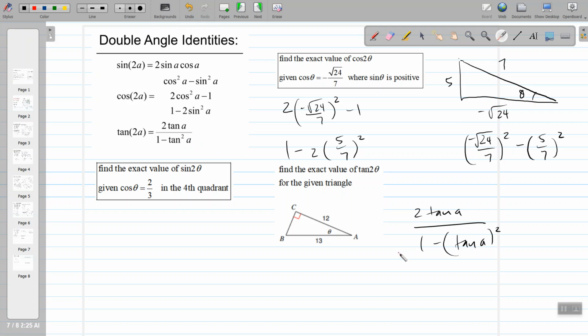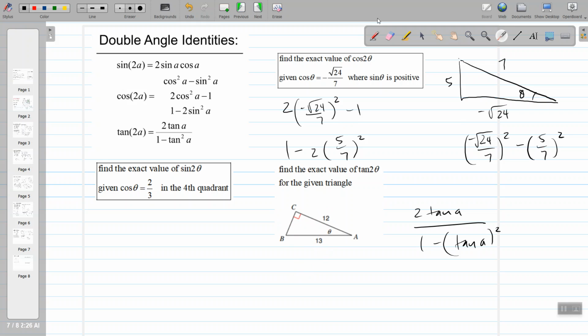All right, so really, in order to simplify this, I just need to know what tangent is for our picture. For our picture, they give you a 12 here, they give you a 13 here, but you don't know this side over here, and without this side, you can't figure out tangent. But you can figure this out by going backwards, because this is a right triangle. So 13 squared minus 12 squared, take the square root of that.